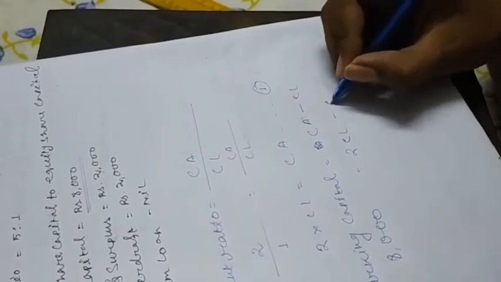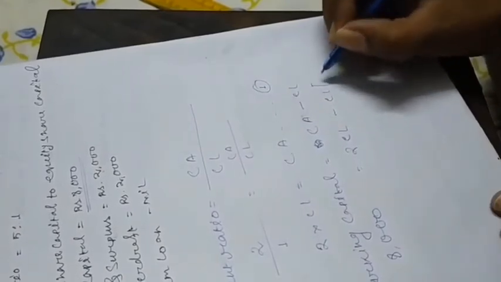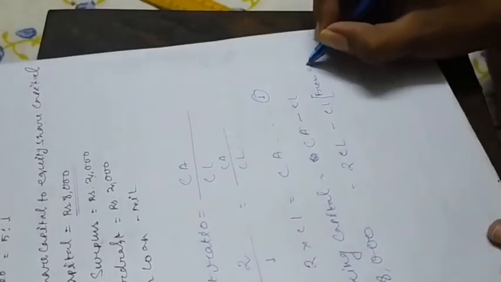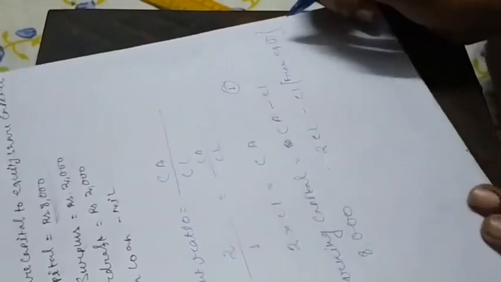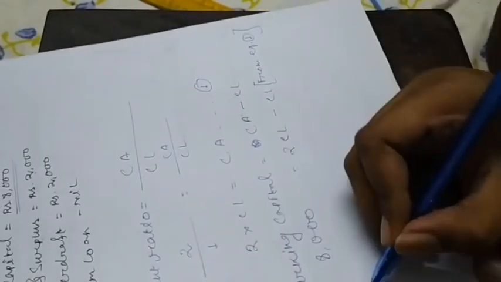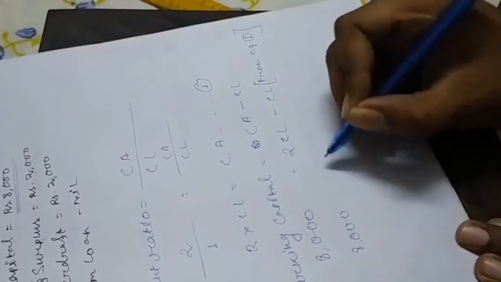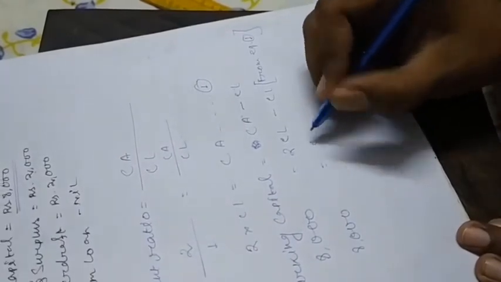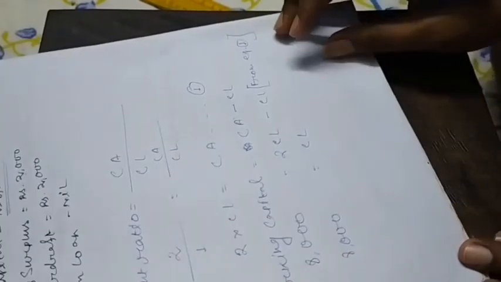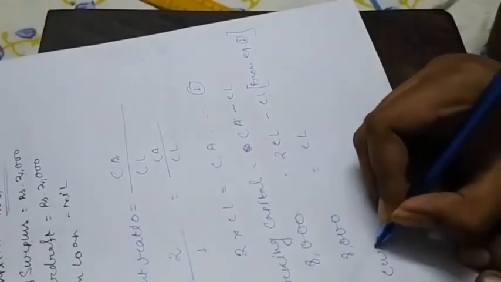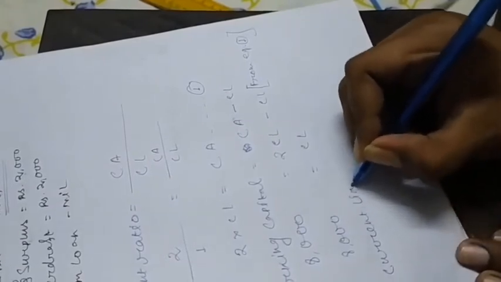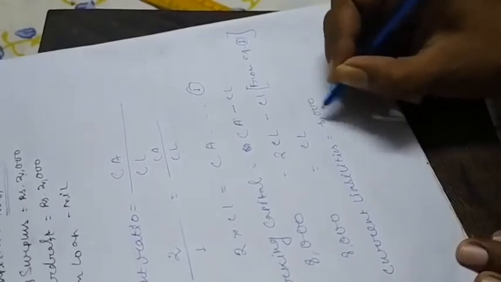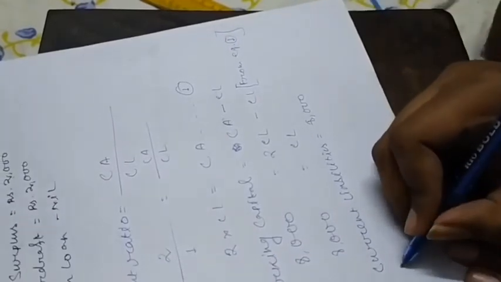We have got that from equation 1. So 8,000 equals 2 CL minus CL, that means 1 CL. So the value of CL, current liabilities, is 8,000.